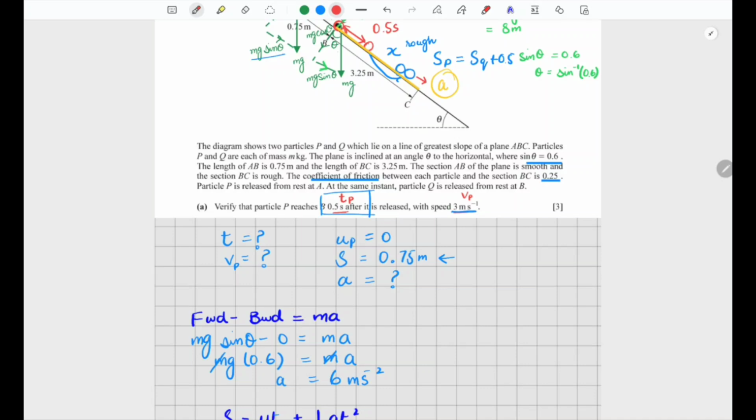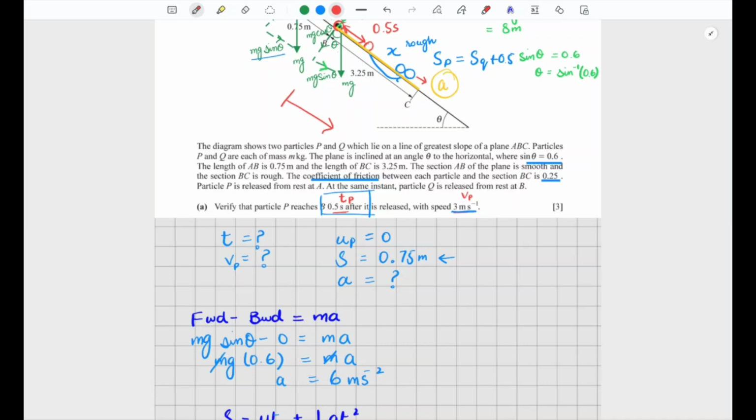Okay, so to find this, we actually need to find how much distance Q has already covered, from here to here, out of 3.25 and how much is still needed to be covered.